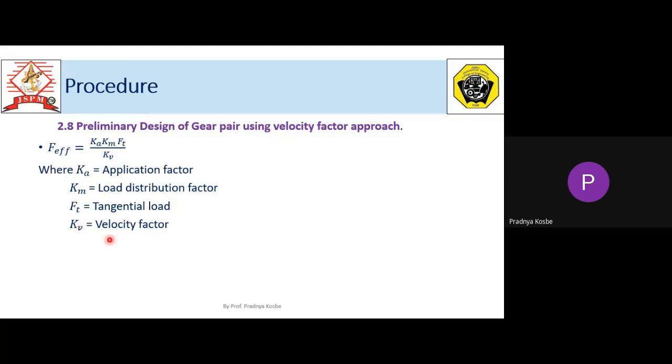Ft is the tangential load that we can find out from the given power, where power is 2 pi nT by 60, right? And torque is Ft into R. Now, how will you decide the application factor?